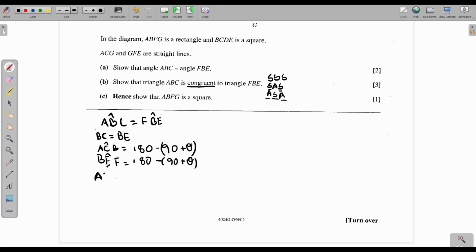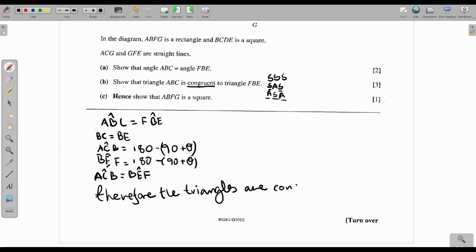Hence, ACB is equal to BEF, and therefore the triangles are congruent through angle, side, angle.